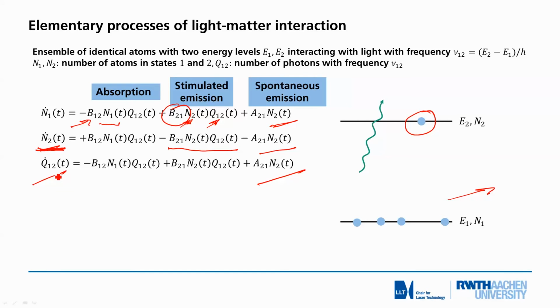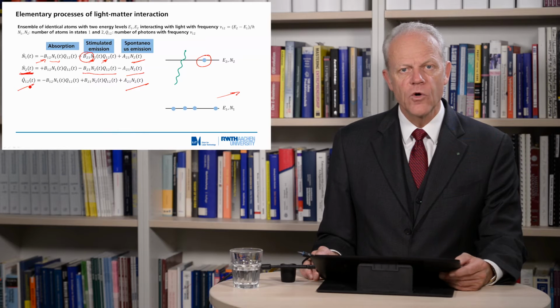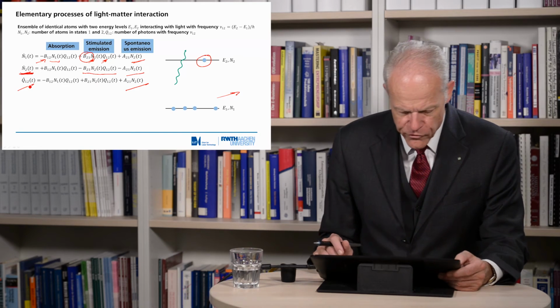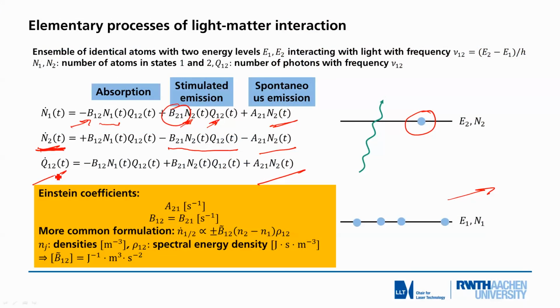I would like to open a little bracket and give you a little more in-depth information on the rate coefficients A and B, which also are referred to as the Einstein coefficients for stimulated and spontaneous emission of radiation. If we do so, you see here these Einstein coefficients.